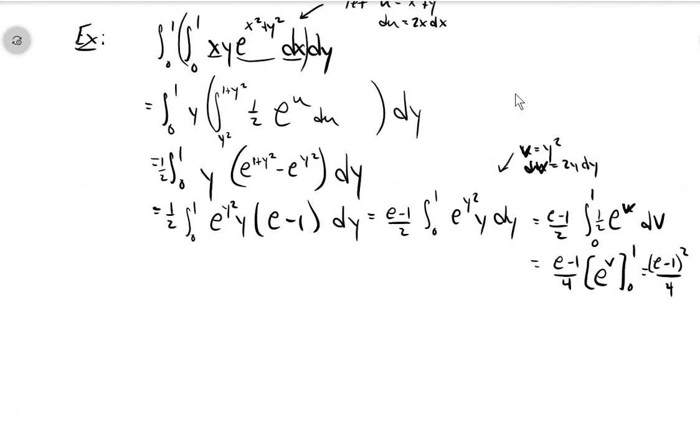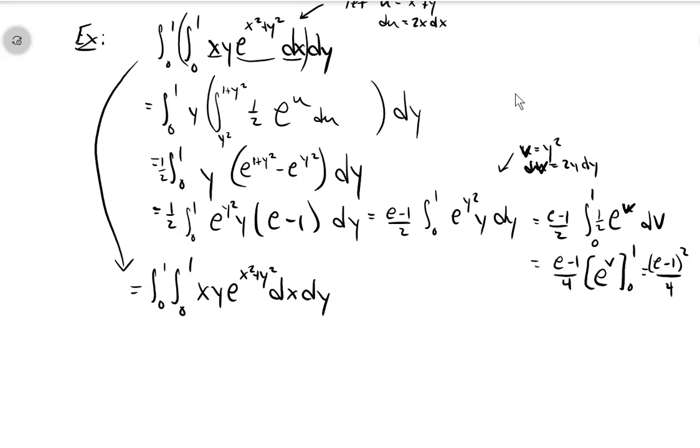Take that original integral, that's what we started with, and pick apart this exponential. Rewrite that part, first of all, as broken up into e to the x squared times e to the y squared.